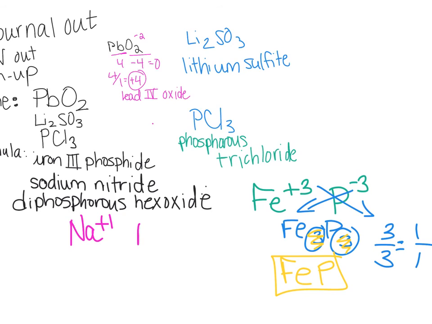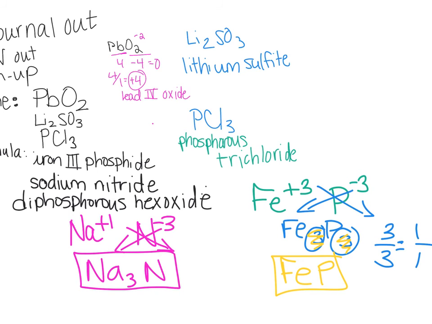Nitrogen, because it's just nitride, so it's not nitrate or nitrite. Nitrogen is in group 15, so it has a -3 charge. Crisscross those, you end with Na3N. Okay. How's the crisscrossing going? Okay so far? A little bit? Okay.